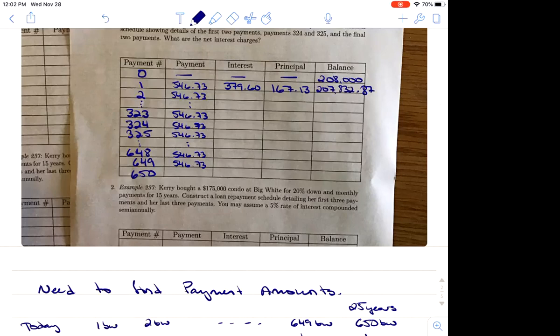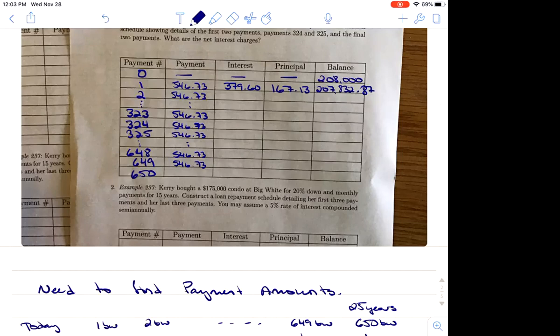So now we have our new balance, and now we have to pay interest on the new balance, a little bit less than before. So I just keep the new balance on my calculator and I multiply it by recall 1, which is my periodic interest rate I2.